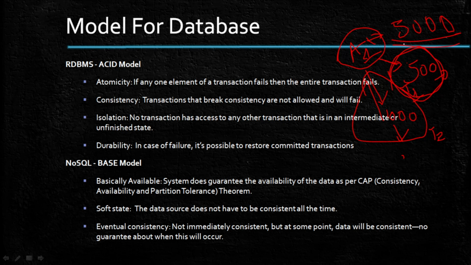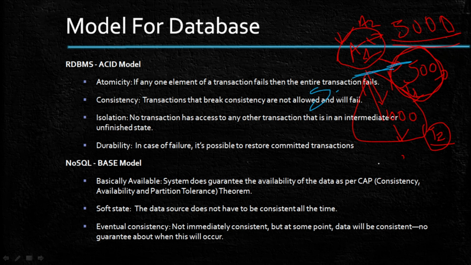Because what will happen if this data is not deducted and T2 is processed fast? That means it will come to 4000 rupees. Or suppose both transactions are started at the same time.